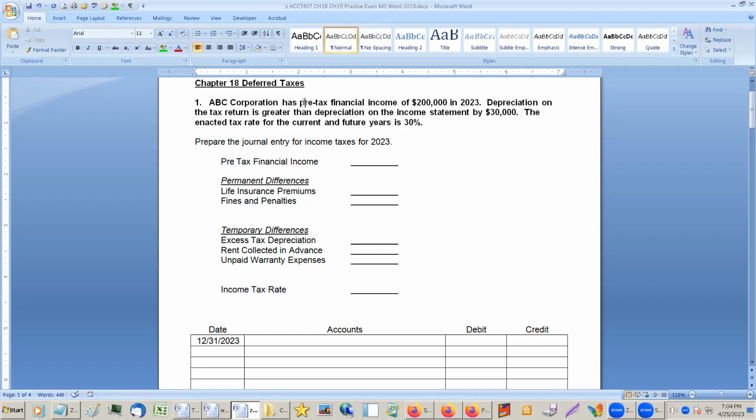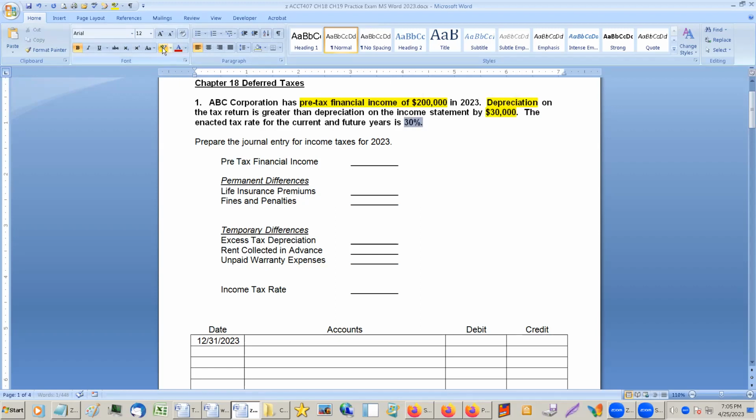Okay, so this one we had a pre-tax financial income of 200,000. Depreciation on a tax return is greater than on the income statement by 30,000. And the enacted tax rate for current and future years is 30%.